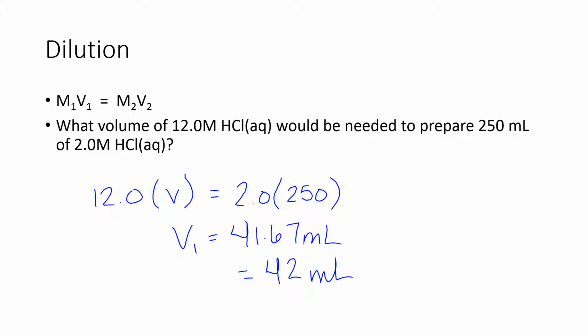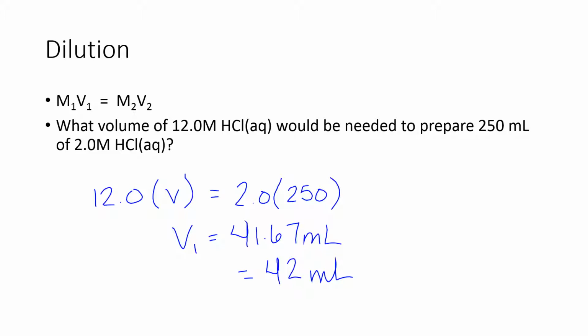We don't know what volume of that 12 molar solution we need, but we know we want our final solution to be 2 molar, and we want to have 250 milliliters of it. You can leave it in milliliters, just understand that your answer will be in milliliters. If you change to liters, your answer will be in liters.